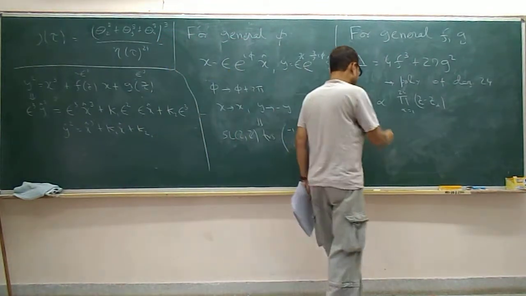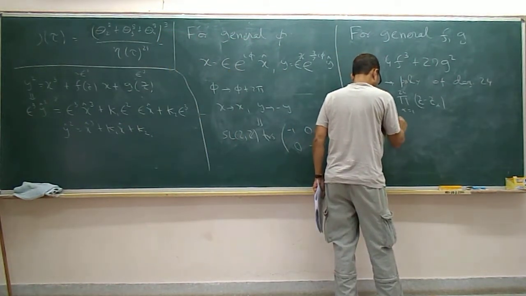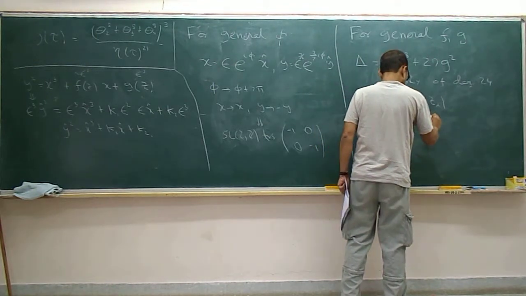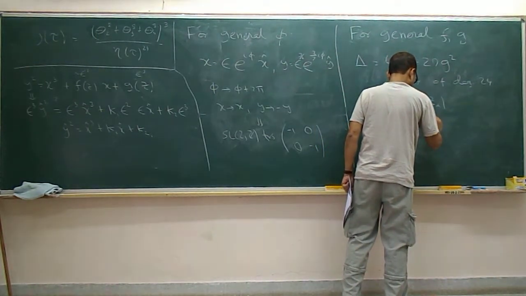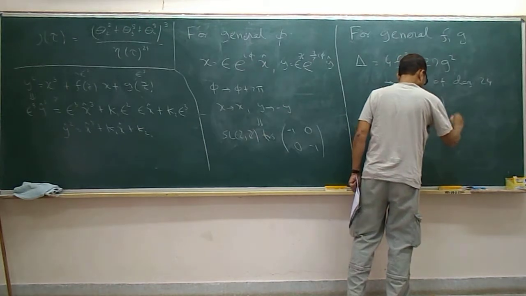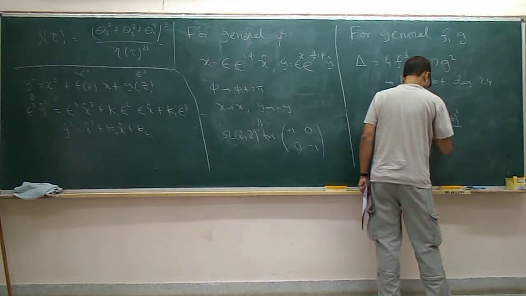And one can also construct j of tau of z from here, which is 4 times 24f cubed over 4f cubed plus 27g squared.